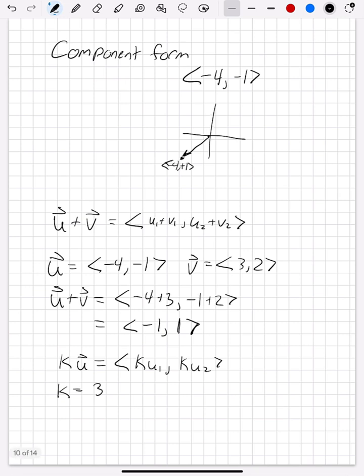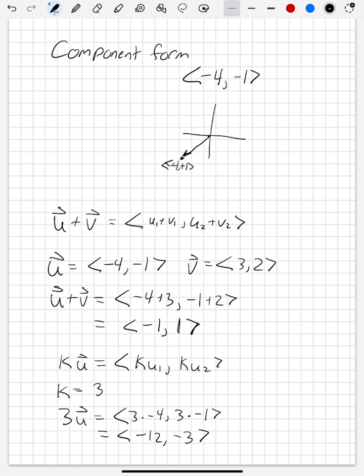Then I get 3 times the vector u, which is 3 times -4, and then 3 times -1. And that gives me the resulting vector of -12, -3. Okay, so that is scalar.